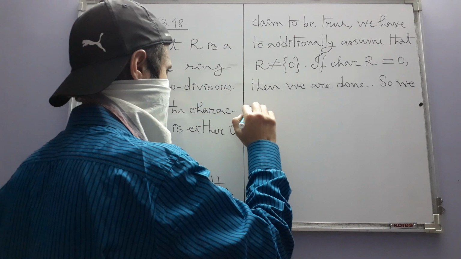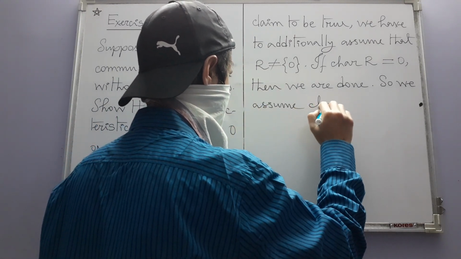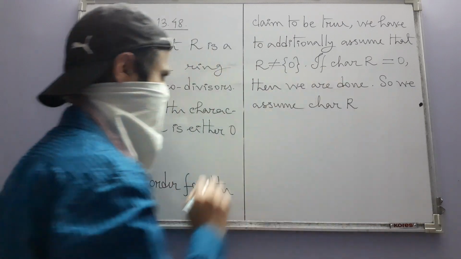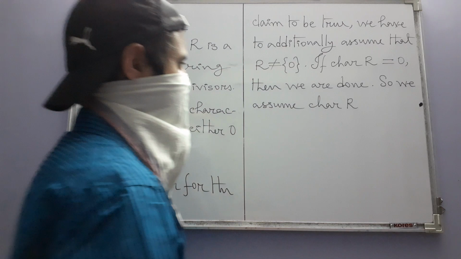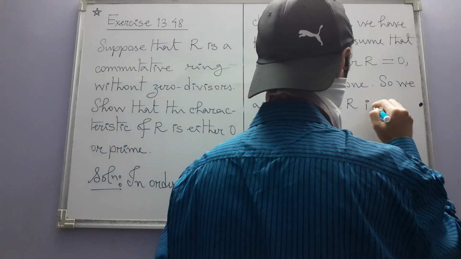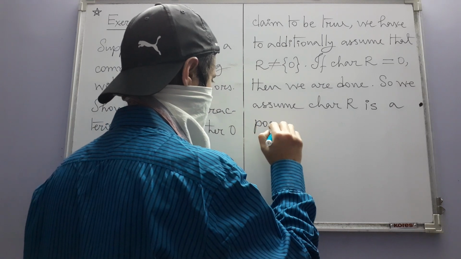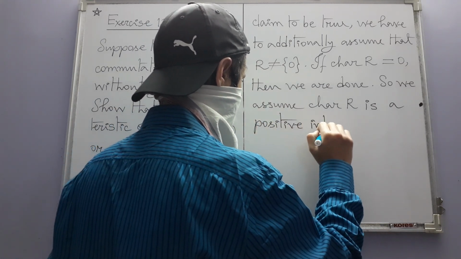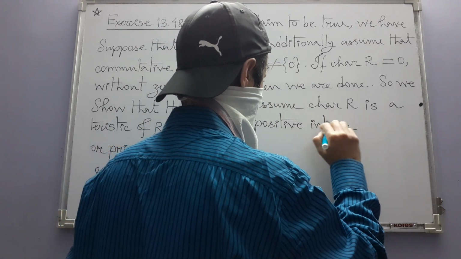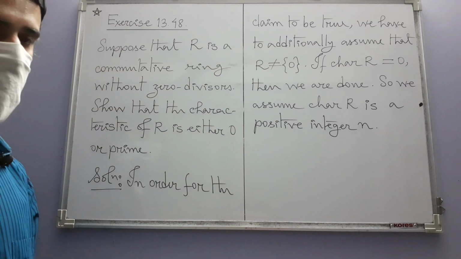So we assume that the characteristic is not 0, that means it's some positive integer n.